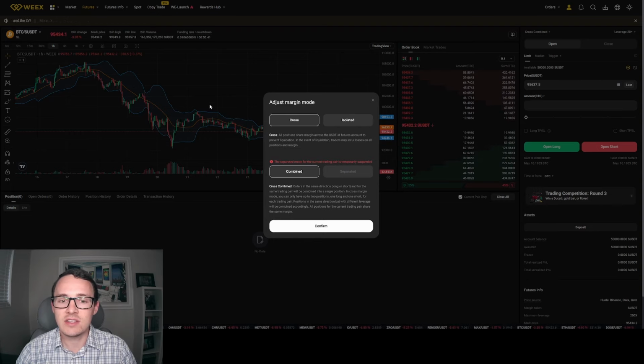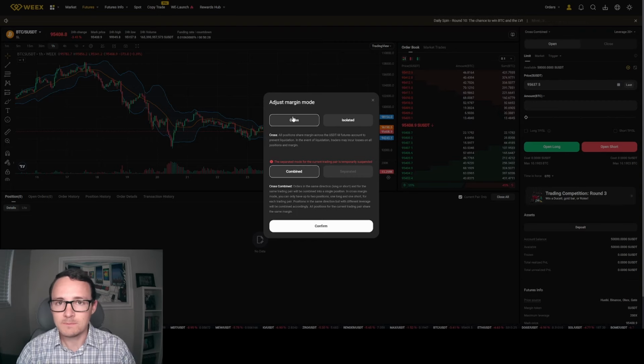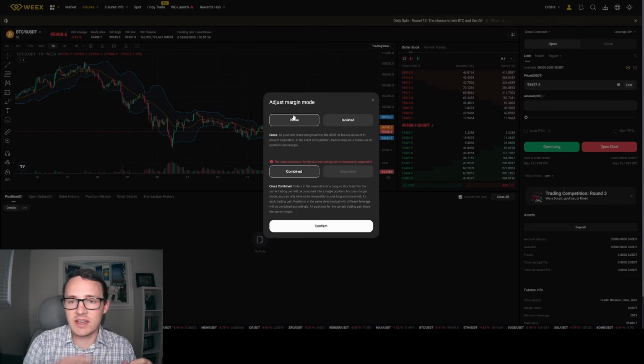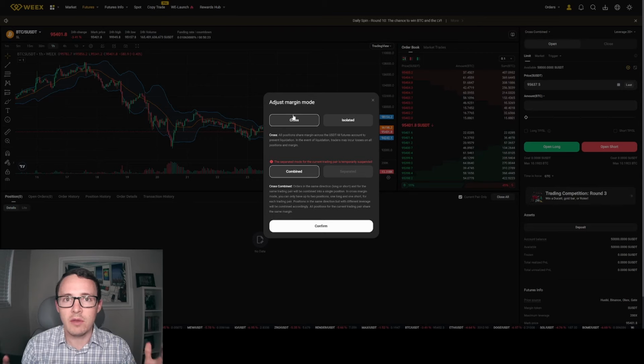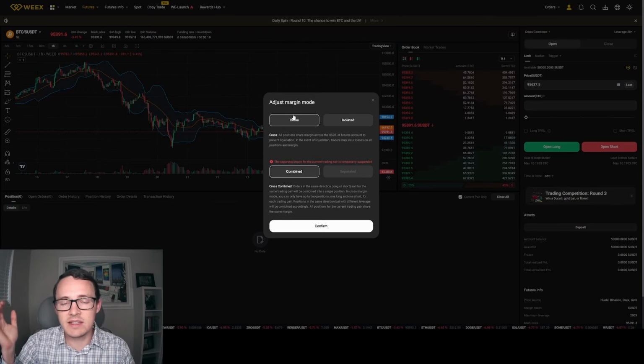So you've got different margin modes and ways you can trade them. The first one is cross margin. I personally never, ever do cross margin, just a personal rule of mine. Cross margin means, let's say I take a BTC trade and an Ethereum trade. Let's say BTC goes up like crazy, but Ethereum goes down like crazy.